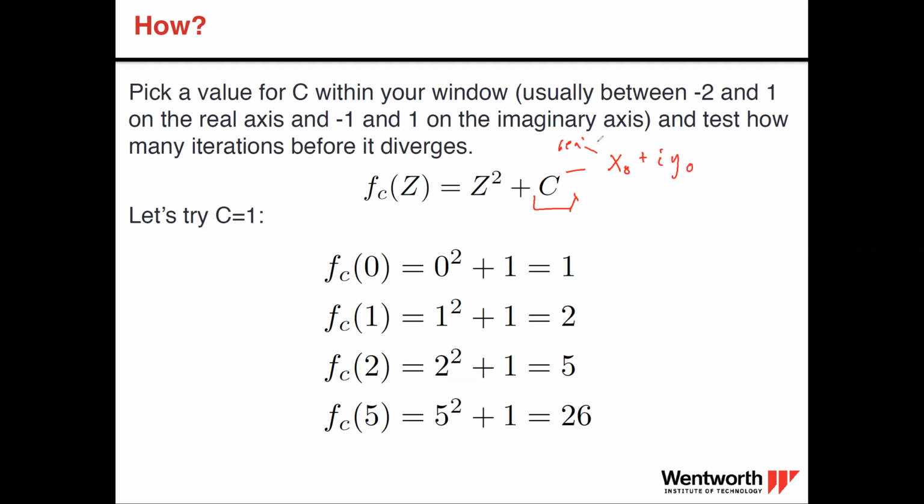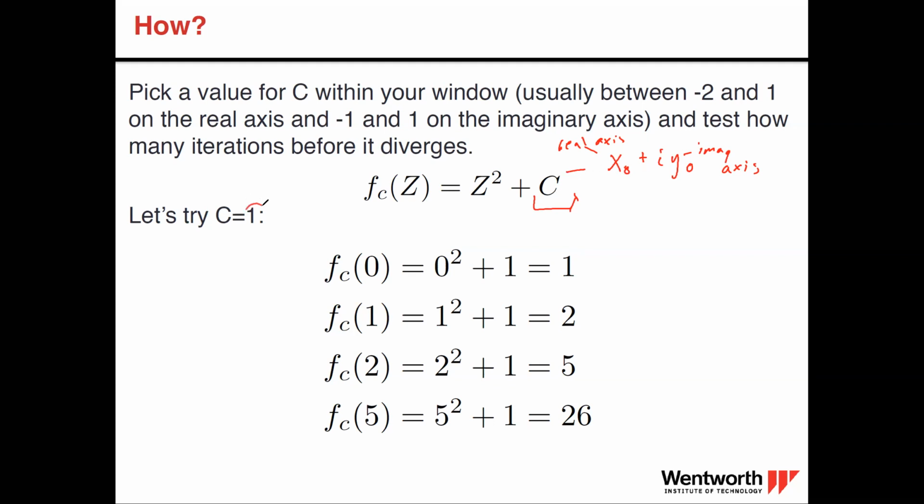This is the real axis, and this would be the imaginary axis. That's how we get our two axes to put our pixel on. So you're going to pick somewhere in between there for this C.